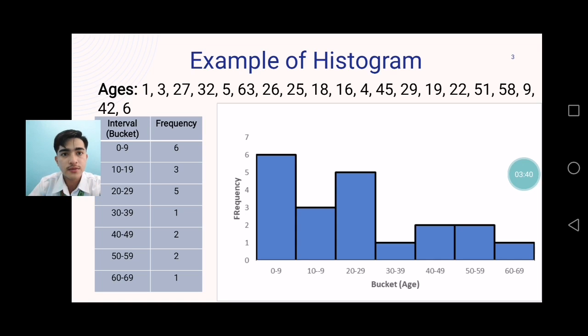Since you have that table, 0 to 9 has a frequency of 6, 10 to 19 is 3, 20 to 29 is 5, 30 to 39 is 1, 40 to 49 is 2, 50 to 59 is 2, and 60 to 69 is 1. That's all for the histogram. It's easy to create a histogram as long as you have the intervals and you know the frequencies.